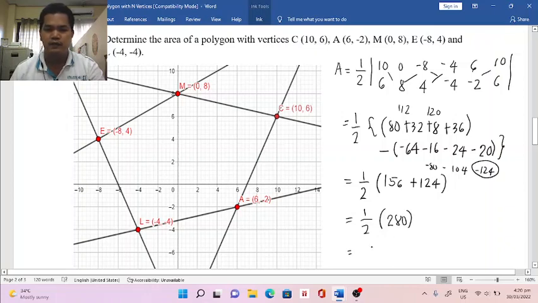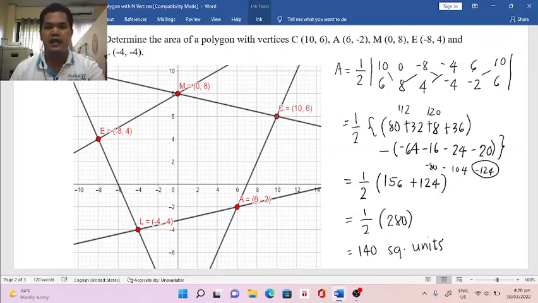So what is 1/2 of 280? That is 140. Therefore, we may say that the area of a polygon with vertices C, A, M, E, and L is 140 square units.